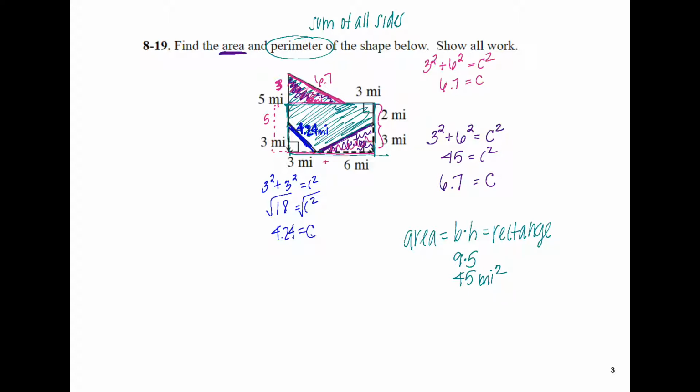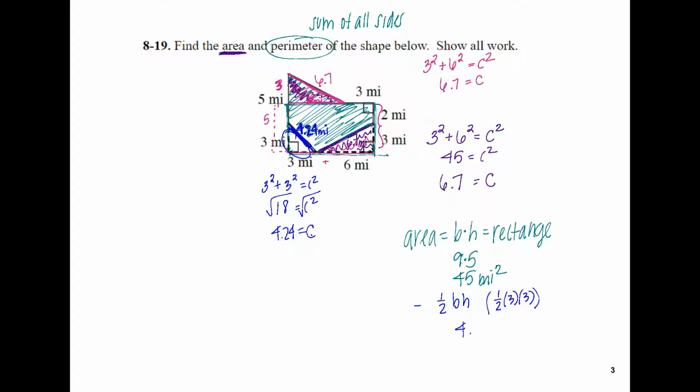Okay, but we have to subtract out this blue piece right here. To find the area of a triangle, it's 1/2 base times height. So we're going to subtract, our base is 3, our height is 3. So 1/2 of 9 is 4.5.